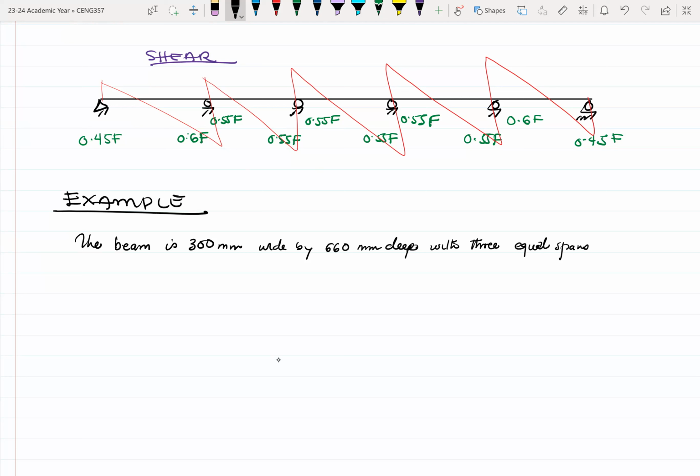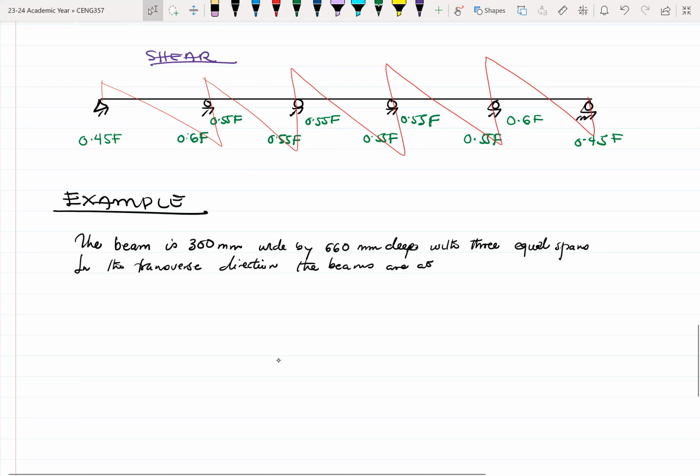So okay, this is going to help us to explain the concept in the transverse direction. Let me just put that in writing. The transverse direction, the beams are at 4 meters centers.